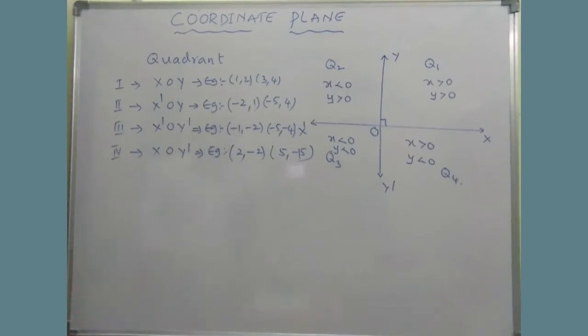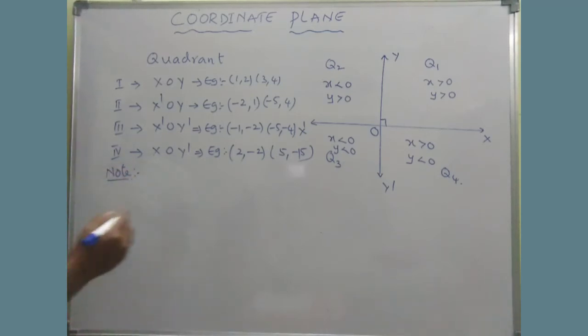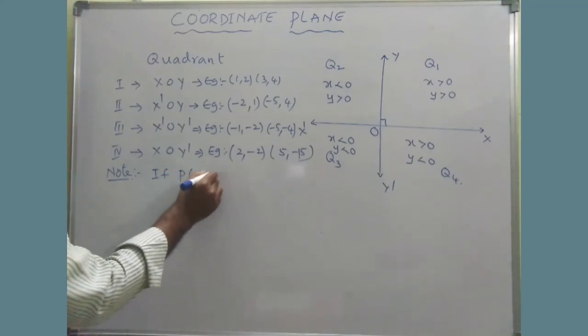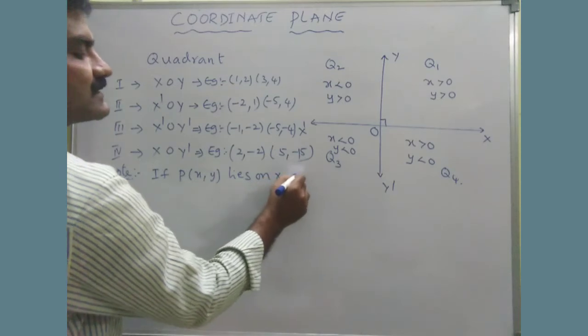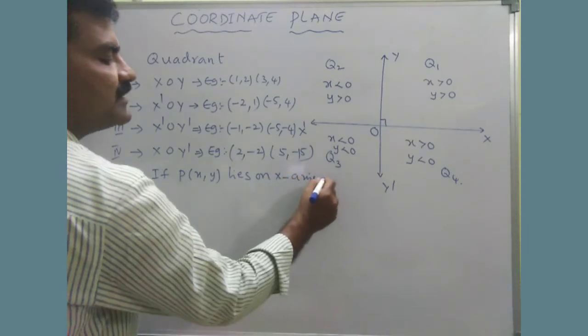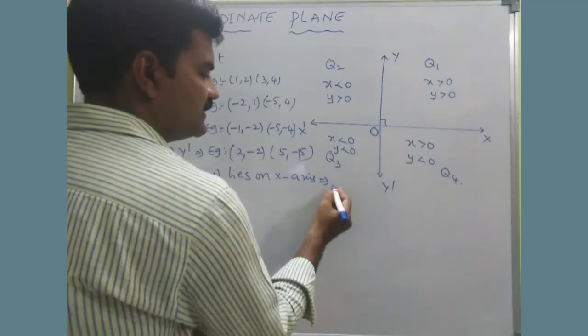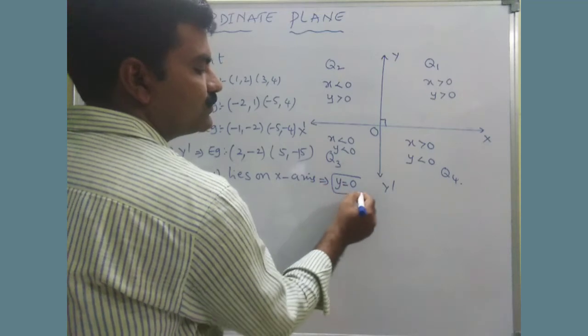Okay, fine. See, there are some points which you need to remember. If P(x, y) lies on the x-axis, then any point on the x-axis must have y coordinate 0. If a point P(x, y) lies on the x-axis, then the condition is that the y coordinate must be 0.